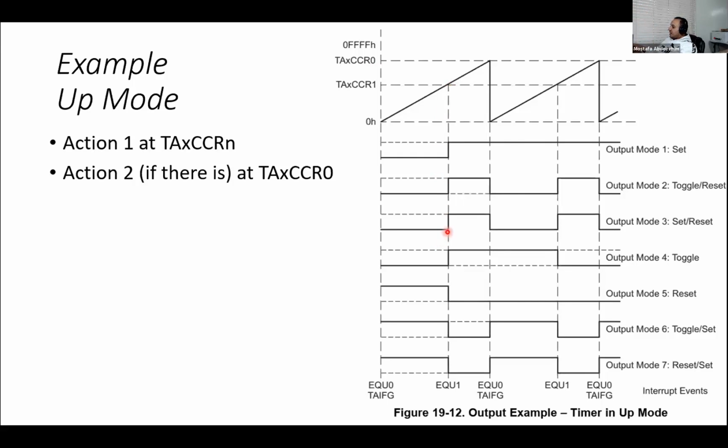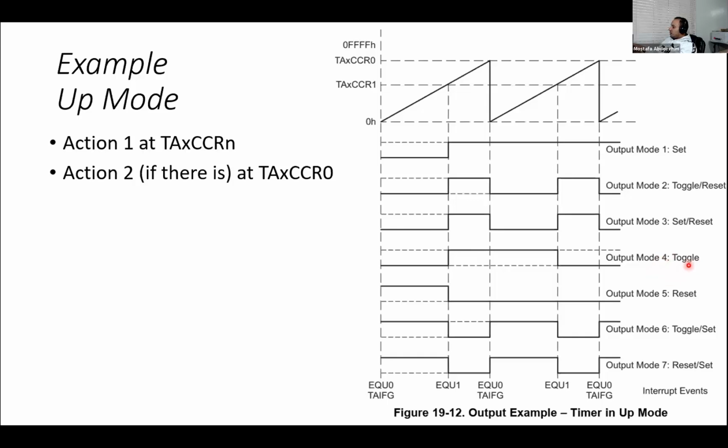So you will set when the timer value reaches this value. If the previous output was 1, then it will continue 1. Then you reset when the timer reaches the value in the CCR0 register.